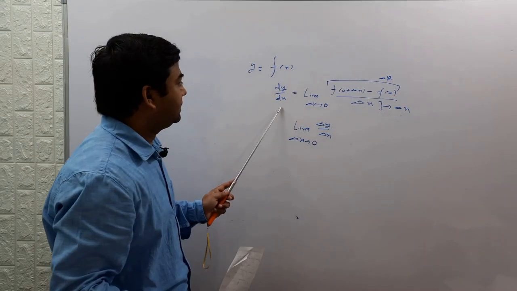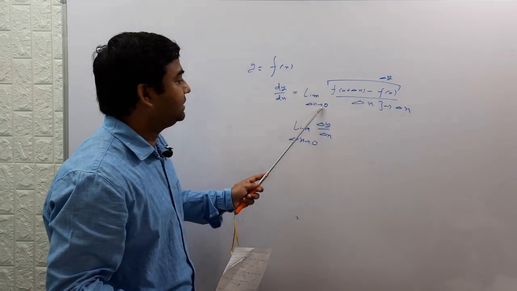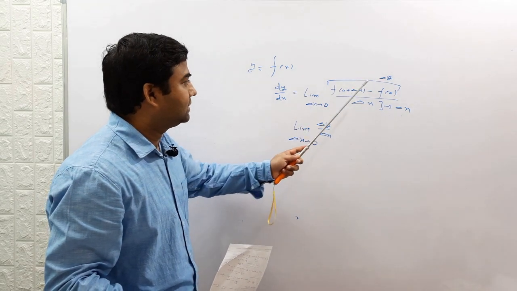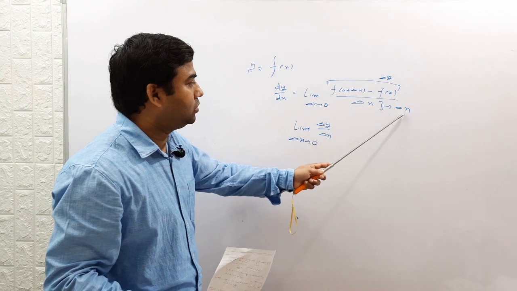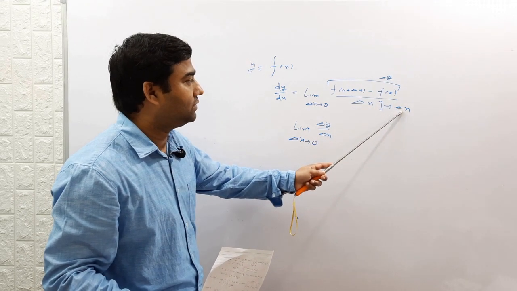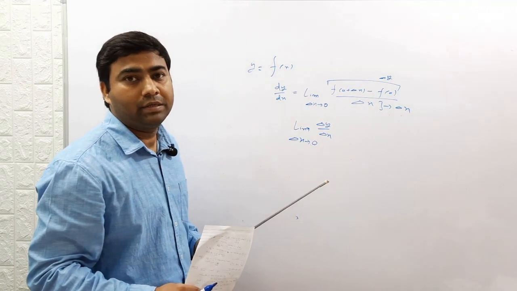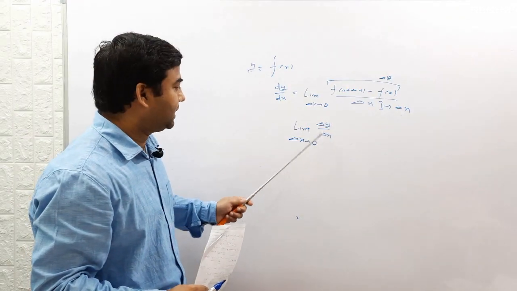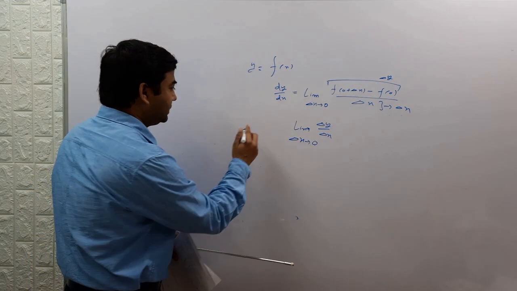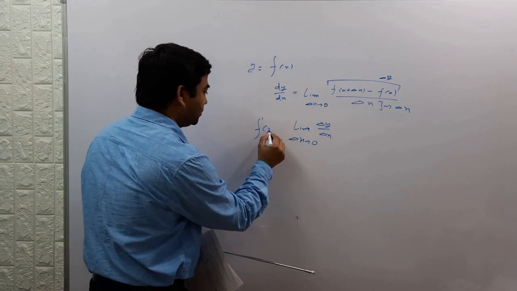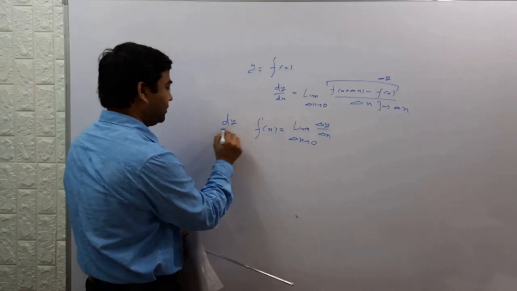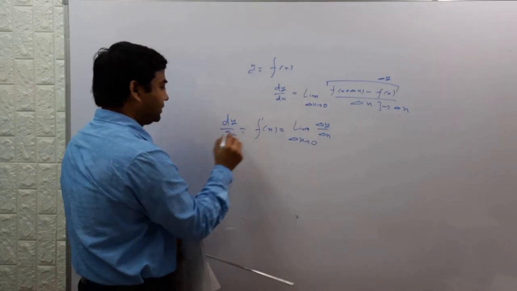So the derivative is defined when this small increment is tending to 0, in which case it is the ratio of changes in the function value and in the value of the independent variable. So what is the derivative? This is written as f dash x also. This is written as dy over dx also.